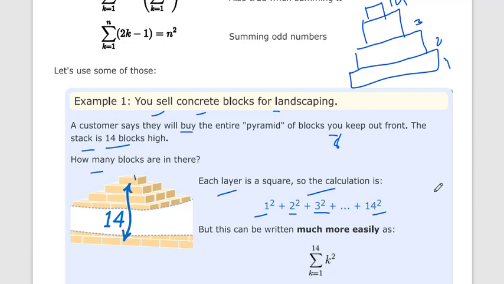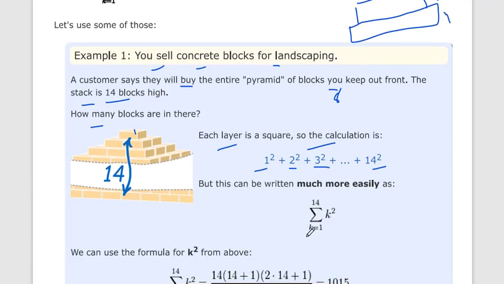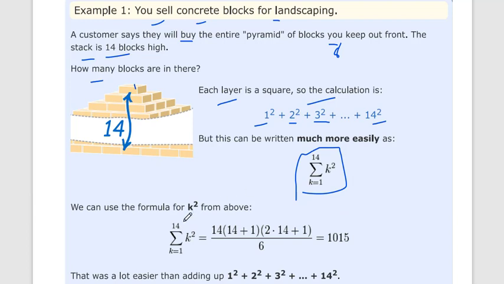So we have to add up how many blocks. We can easily write the partial sum, k equal to 1 to 14, and it is a square, so it is k square. We can use our previous formula for the addition of all the square numbers.